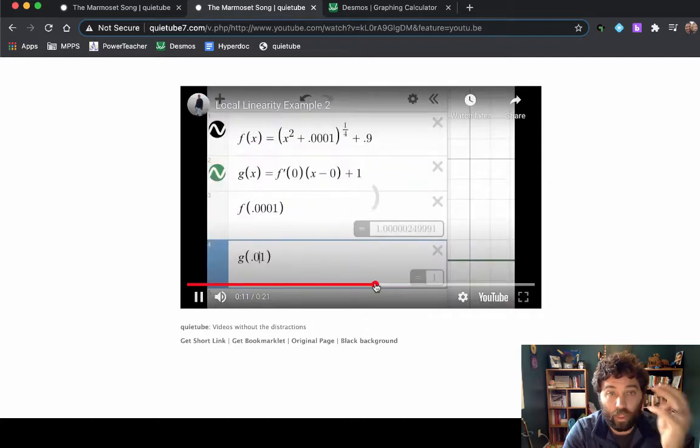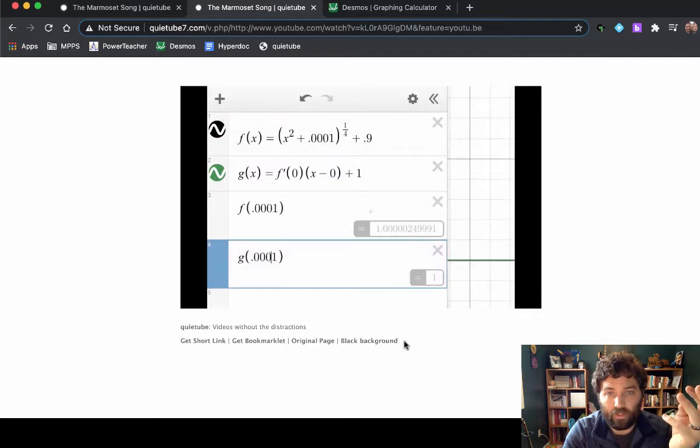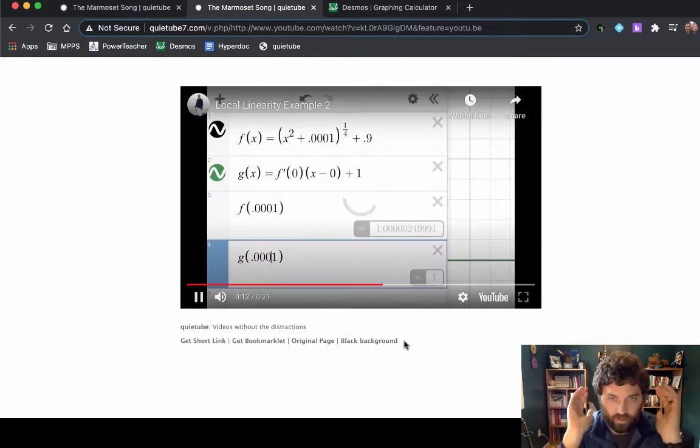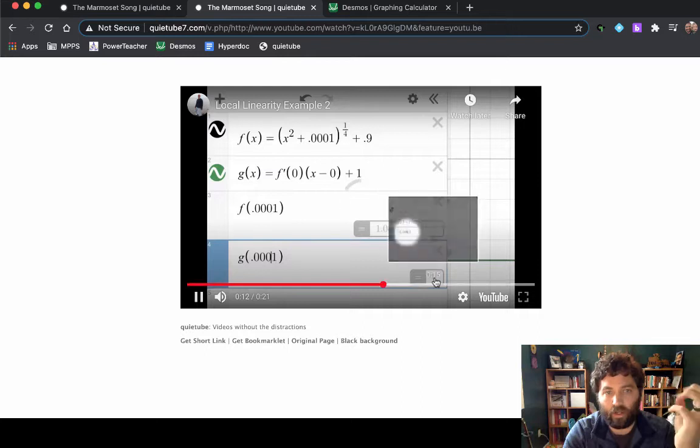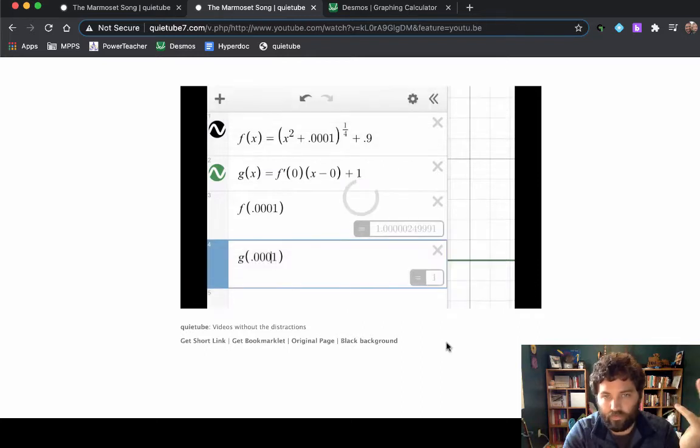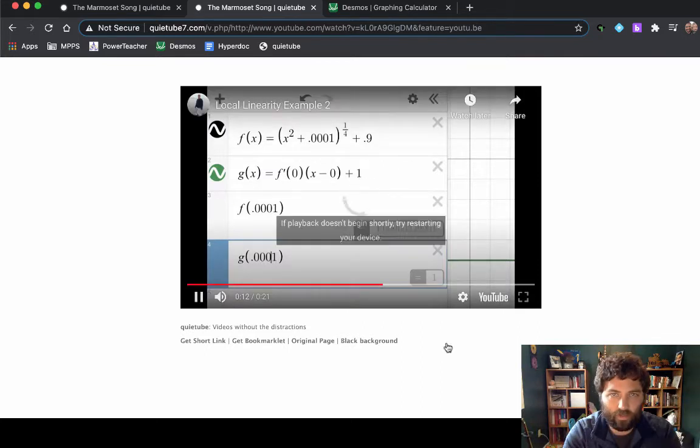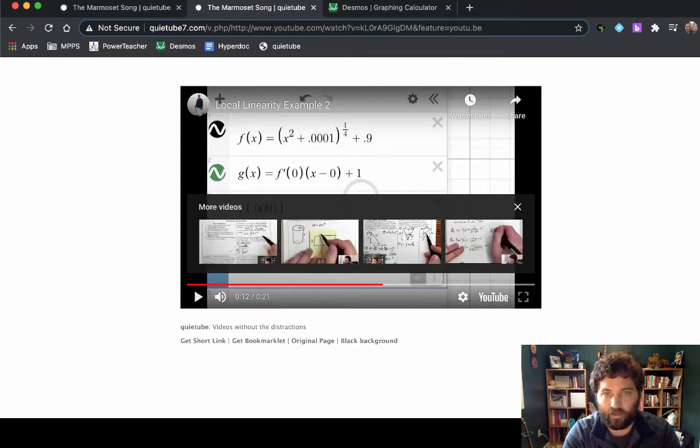The closer I get to 0 with the values that I plug in, the closer the values of f and g are, right? Which sort of makes sense. This is the equivalent of zooming in on the graph. So you have 1.05 there, and actually g is equal to 1. So it's a very good approximation. Okay, so let's end that.